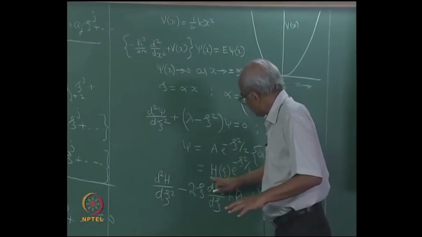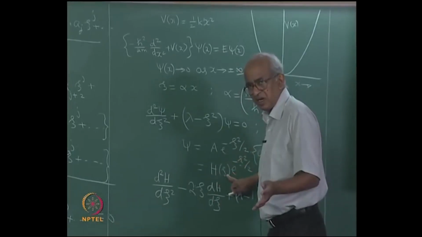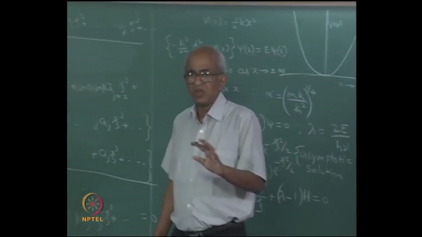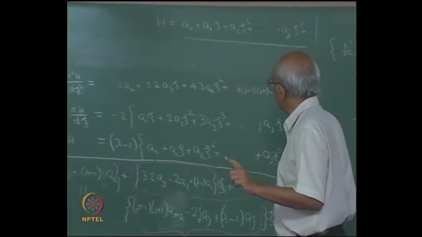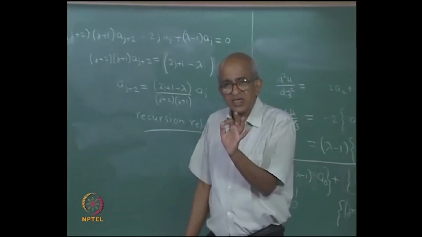So, what will happen is that this H may be symmetric or it may be antisymmetric, and when is it that H is symmetric? If H is to be symmetric, then what should happen is that I should have only the even terms in the series.